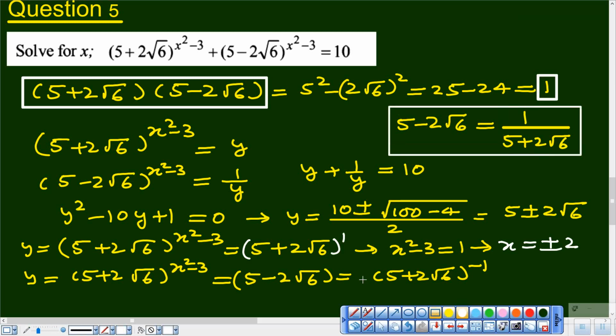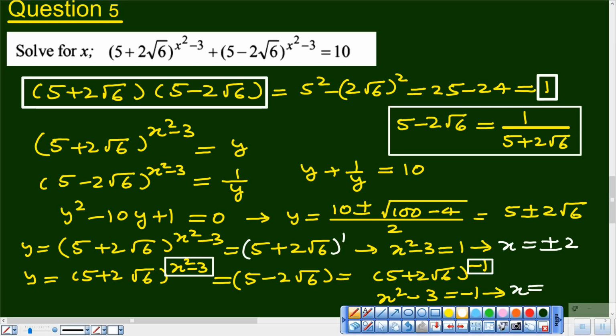This can be written as the reciprocal of this. And thus, if you equate the exponents, x square minus 3 and minus 1, what do you get? You get x square minus 3 is equal to minus 1, which gives you x is equal to plus minus root 2.